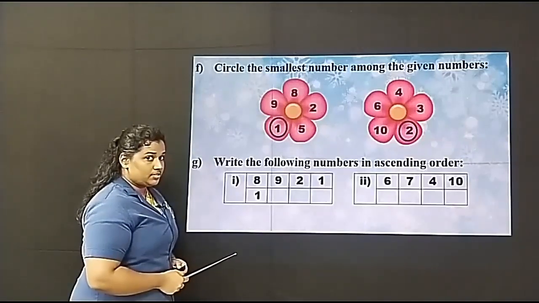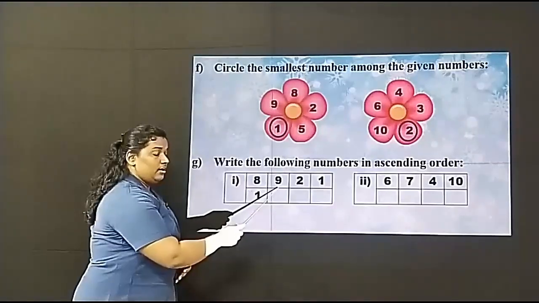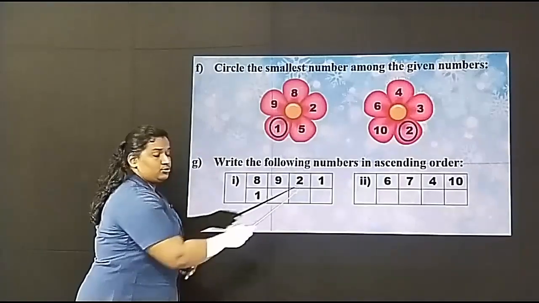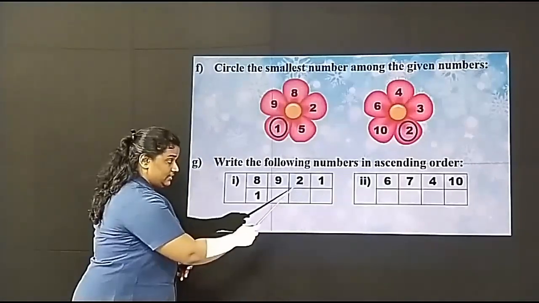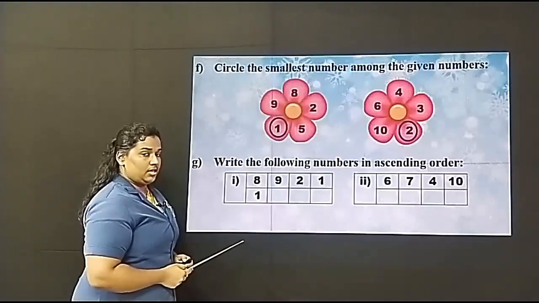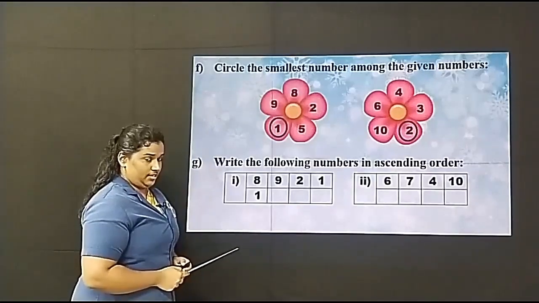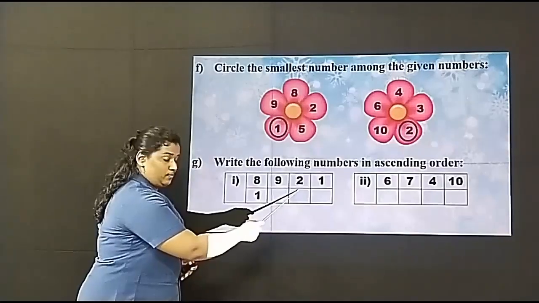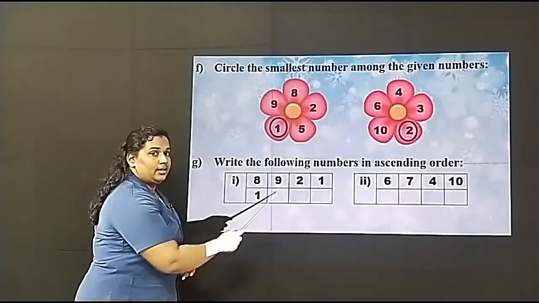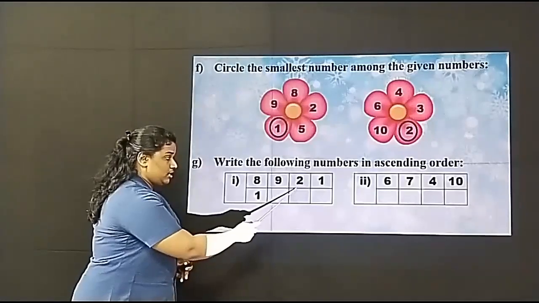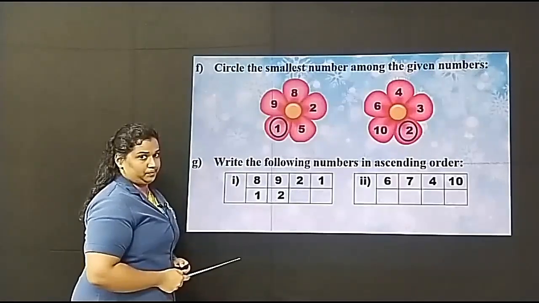Now the remaining numbers are 8, 9 and 2. In these three numbers, which is the smaller number? Yes, 2 is smaller than 8 and 9. So 2 comes in the next place.